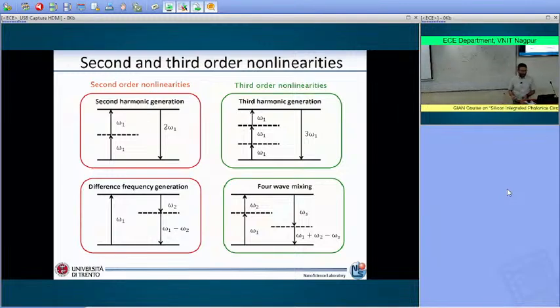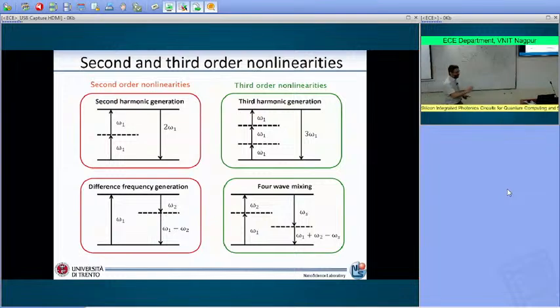Or we have another process, which is the one that we are using in order to generate entangled photon sources, by which 2 pump photons sum up in order to generate a signal and an idler photon, whose energy is linked by the property that the sum of the signal and idler photon energies should be equal to the sum of the 2 energies of the pump photons.